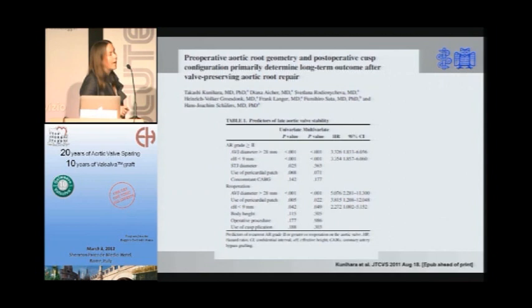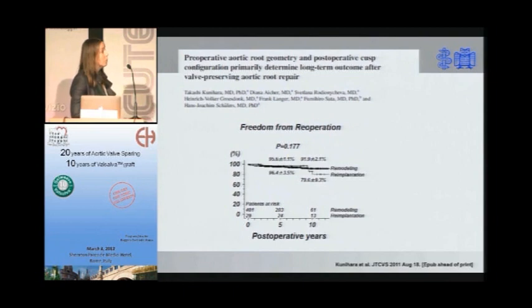In multivariate analysis, we found that an aortoventricular junction of more than 28 millimeters and an effective height of less than 9 millimeters were significant predictors for late aortic regurgitation. The same factors, plus the use of a pericardial patch, were predictors for reoperation. The operative technique, remodeling or reimplantation, did not affect the results.